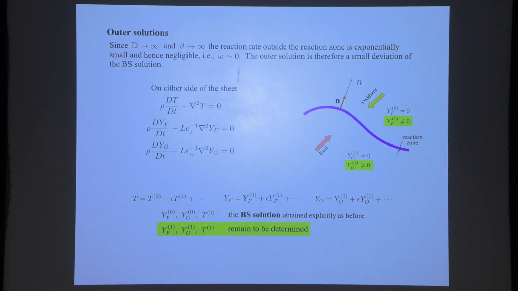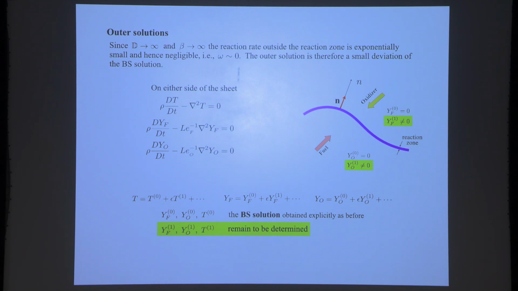Now, we do the same thing as we did before, but now we have to retain, as I said, the Dex term in the perturbation, because there may be some leakage of fuel in oxidizer. The leading term should be exactly the Burke-Schumann solution. So we know how to compute the leading term.